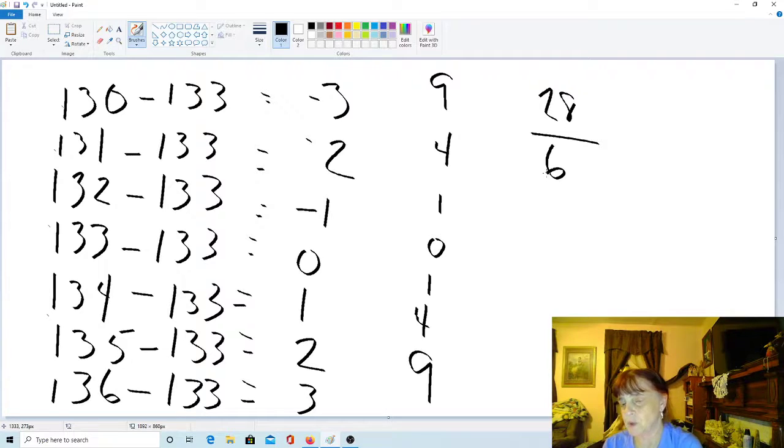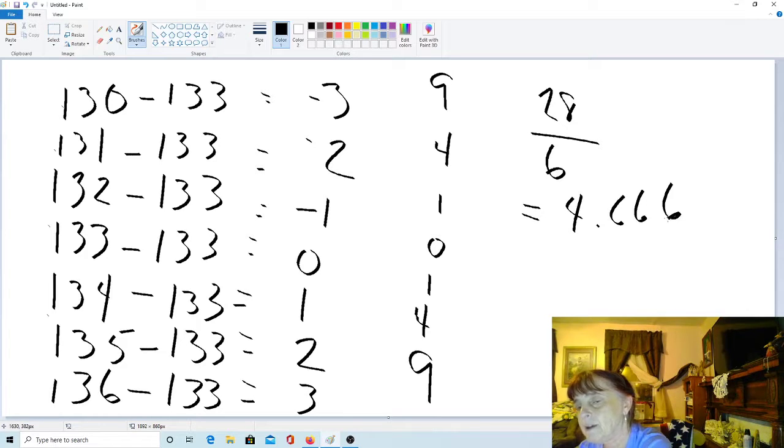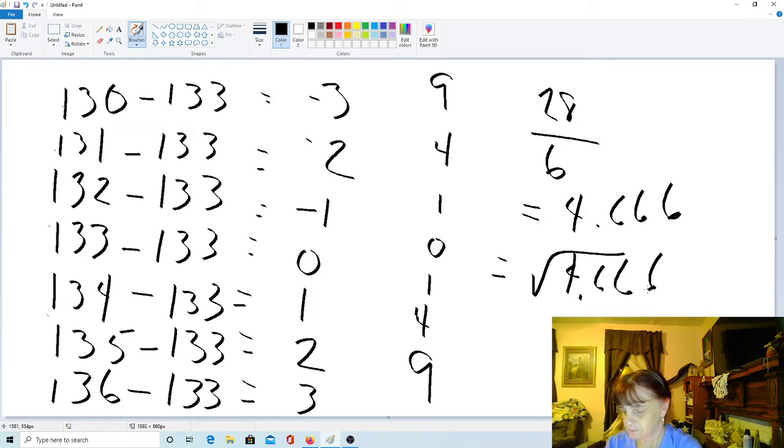You divide it by n minus 1. You get 4.666. And then you find the square root of 4.666, and 2.16 is your answer.